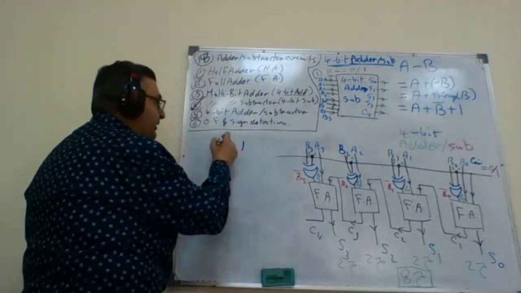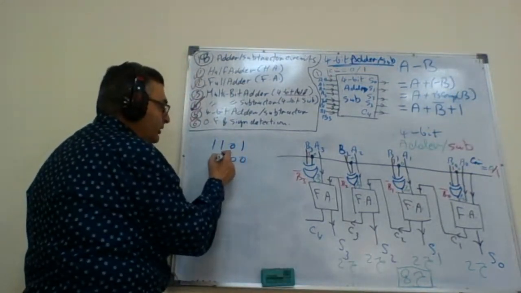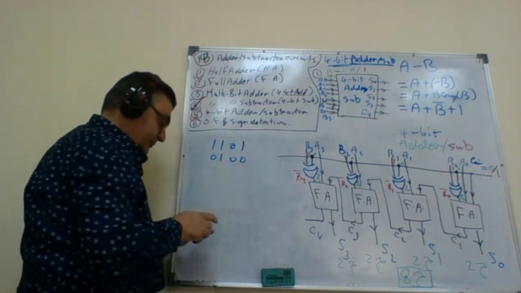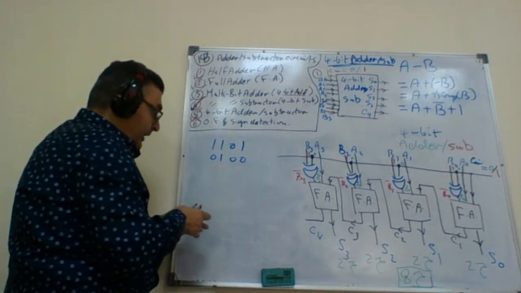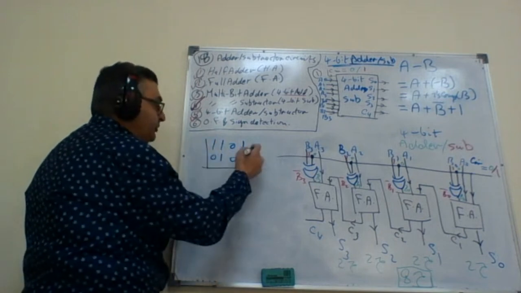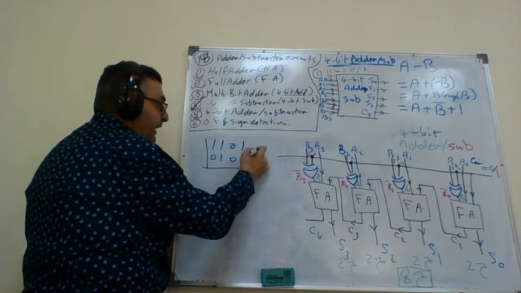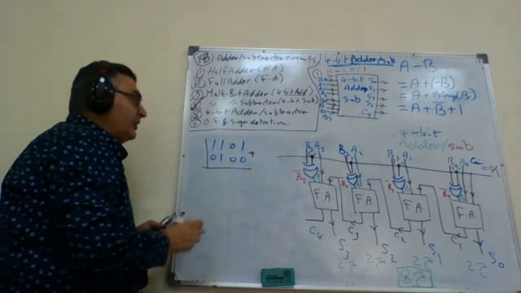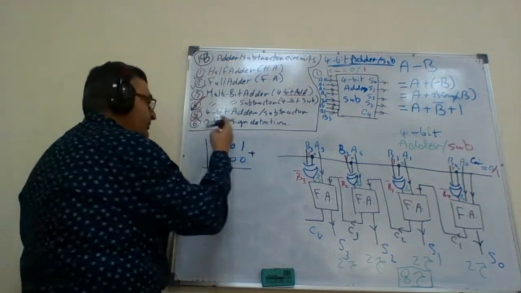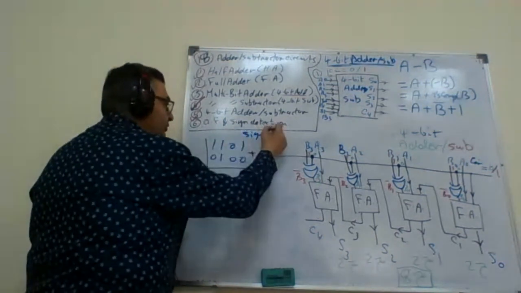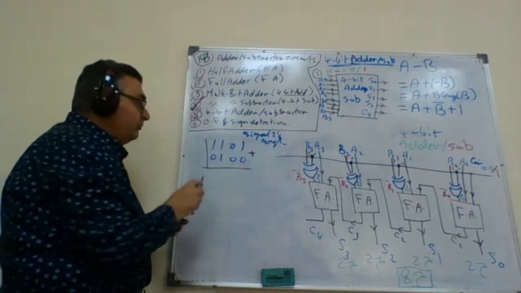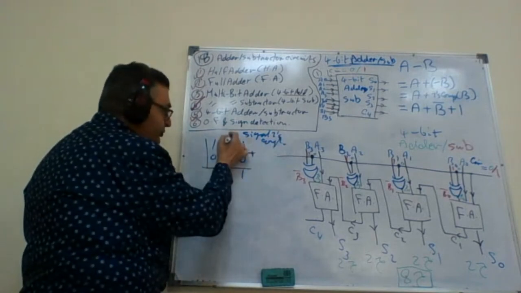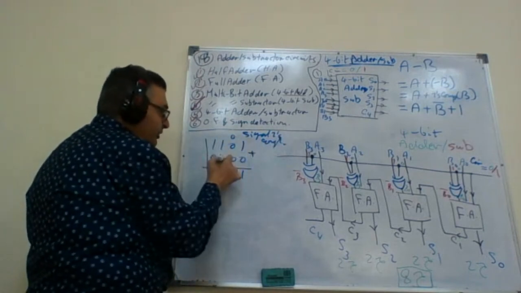Assuming that those are my numbers, and I perform the addition between them, and I know that the numbers are signed 2's complement, how can I detect the overflow?